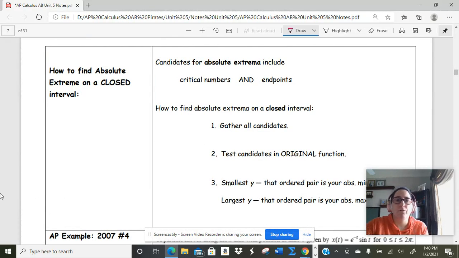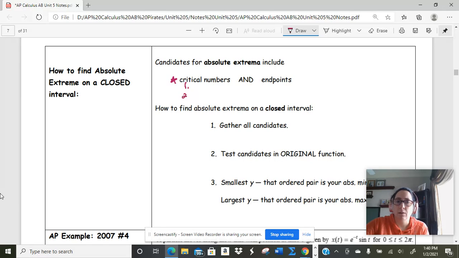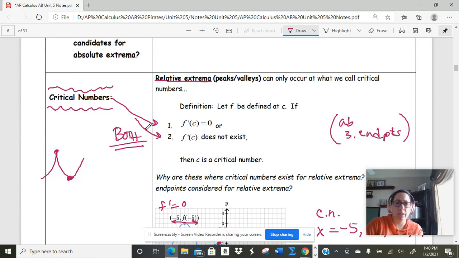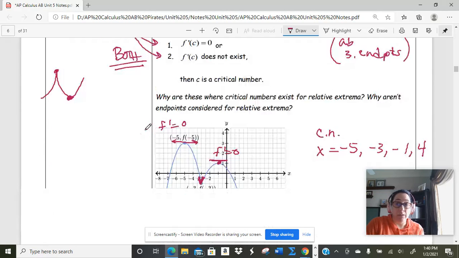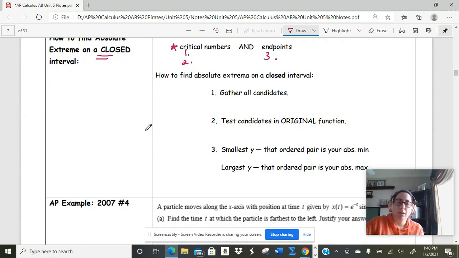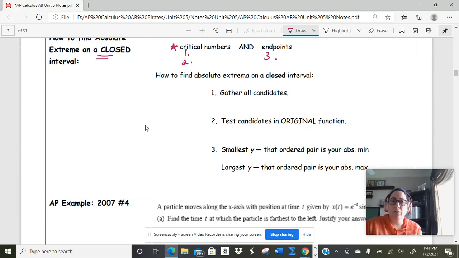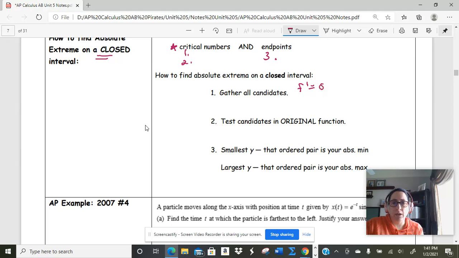Okay? So for absolute extrema, I'm going to do what we just did, but I'm going to add on the endpoints. So this is usually when I have this closed interval, and up here is typically when I have an open interval because I can't get endpoints, okay? So when I have a closed interval, then life is so much easier, okay? I'm going to go get all of my candidates. So I have where f prime is 0, where f prime doesn't exist, and my endpoints.